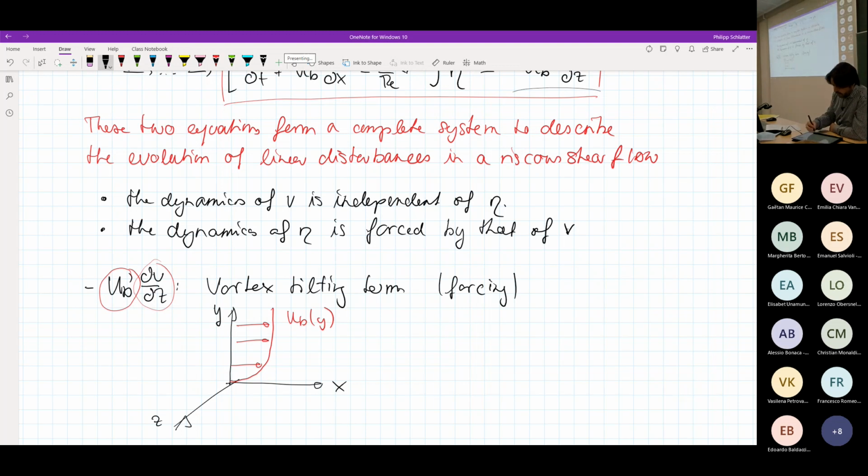So in a sense, we can now write that the span-wise change, so that's dv dz, will kind of be tilted. We will see now in a second what is actually tilted.